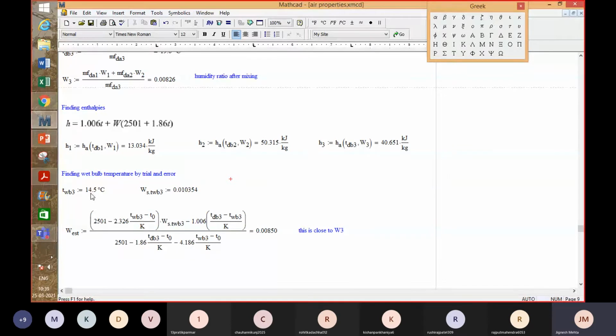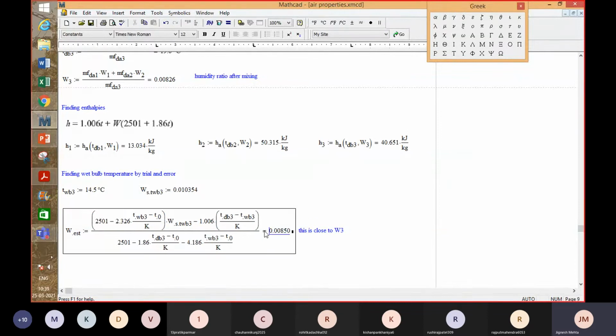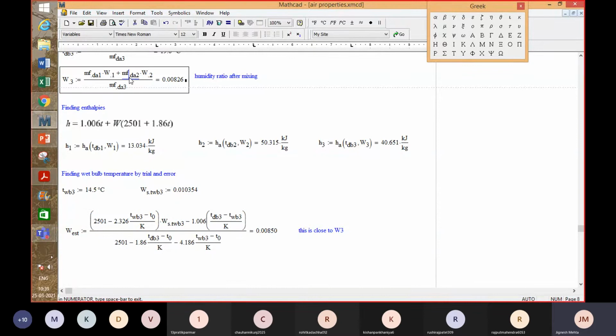So what you have to do is read the value of these two simultaneously from the table and put it in this formula. And if you get this value of W close to W3, then your estimate of wet bulb temperature is good. So of course, it gives you some idea with the help of the psychrometric chart.